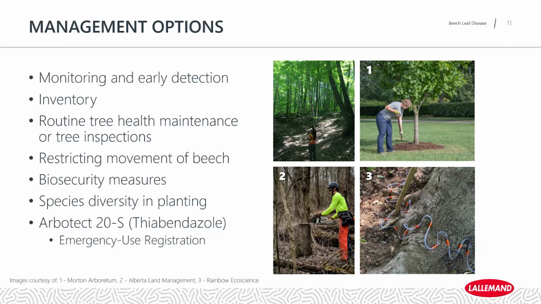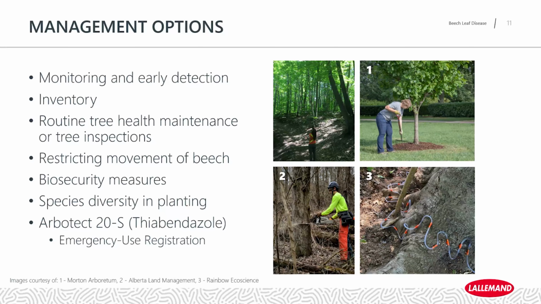And then routine tree health maintenance or tree inspections of those known beech. It's also great to include the community in these initiatives. The Invasive Species Centre has a new beech leaf disease monitoring network, which engages citizen scientists. So that's another great monitoring tool, and one that you can find more information on on their website.